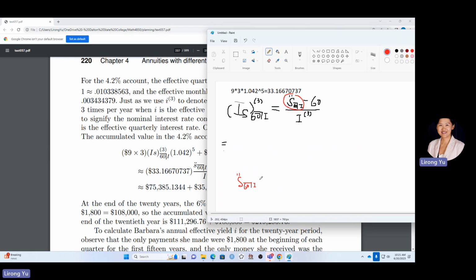That's the future value being calculated by, that's the annuity due. So the annuity due is the future value, one interest period of the annuity immediate. So this is 1 plus I times S 60 I.